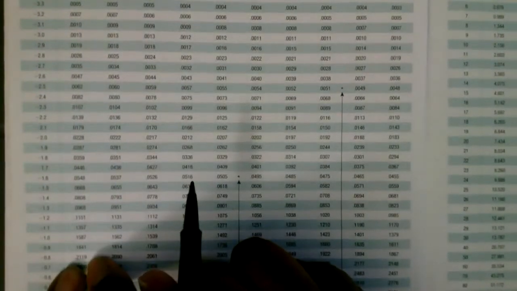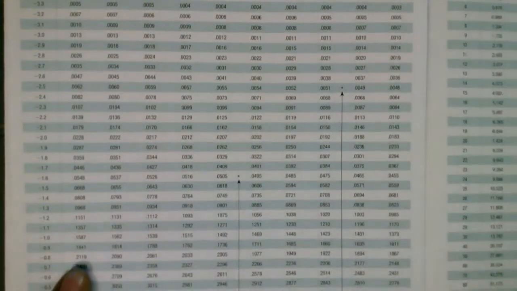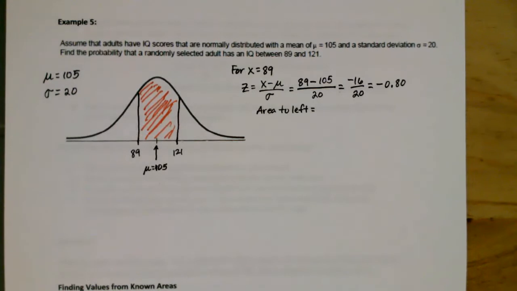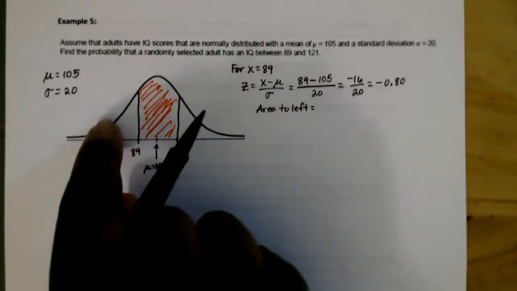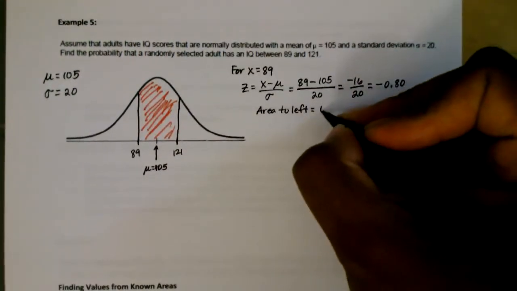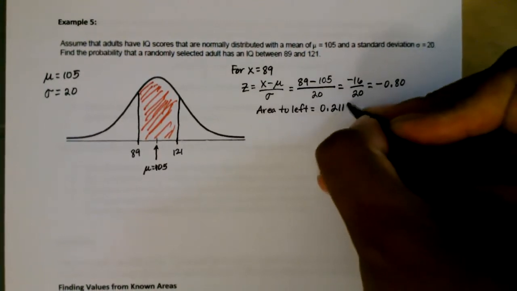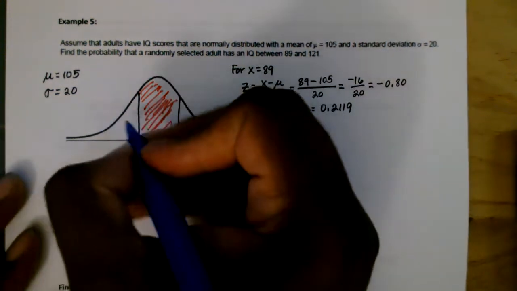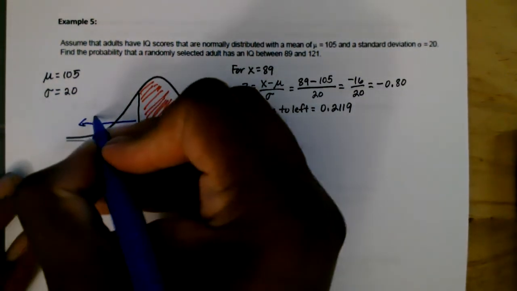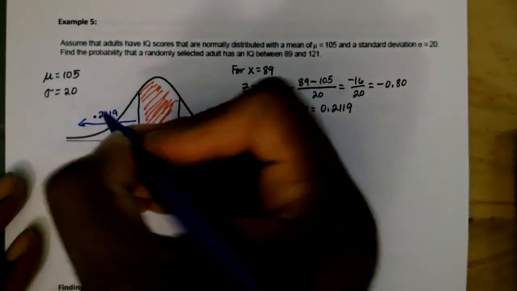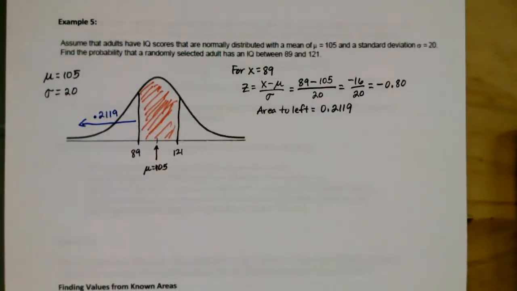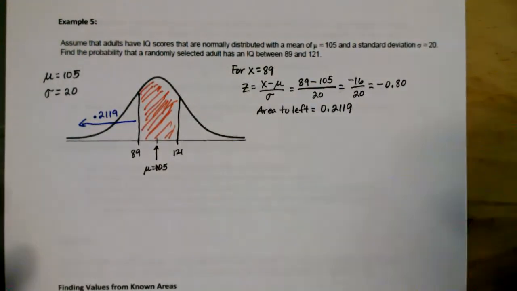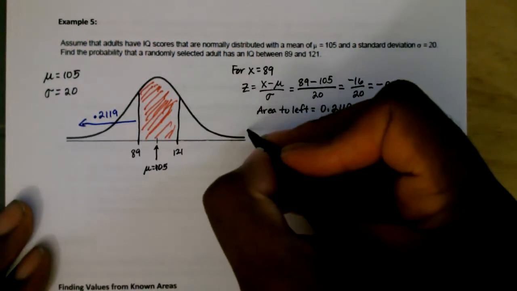So read across and down this first column where it says 0.00, that'd be 0.2119. So the area to the left, this area right here, would be 0.2119.